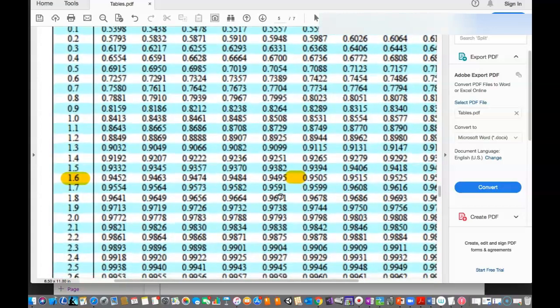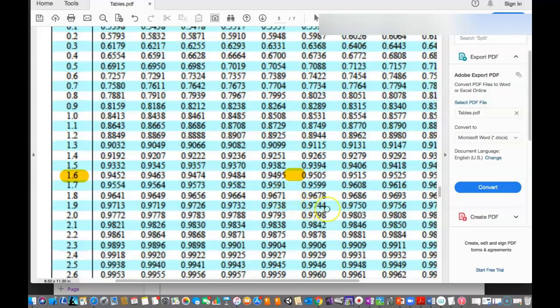So finding that area here in the body of the table, okay, as here. So we have 0.975 going to the left.